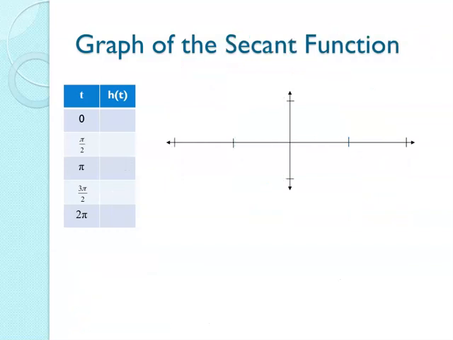So the secant function is going to be pretty similar to relating sine with cosecant. Now we're going to relate secant with cosine. Filling out our table here, we have it going from 1 to undefined to -1 to undefined to 1. We'll go ahead and label our graph. Again, we're going to draw in the cosine function to help us come up with the secant function.